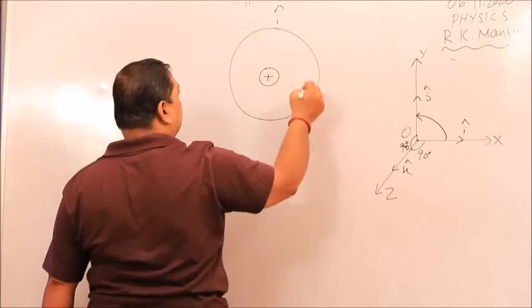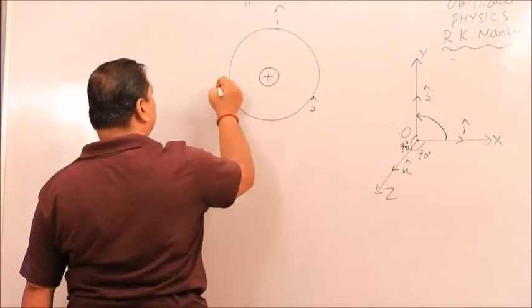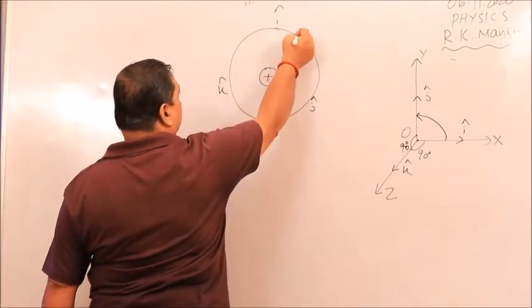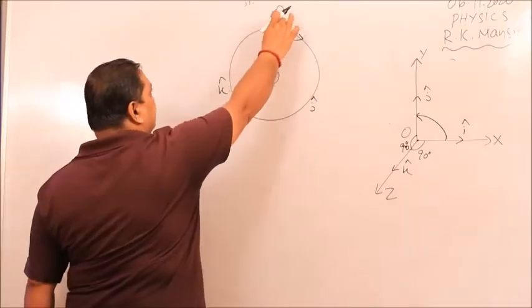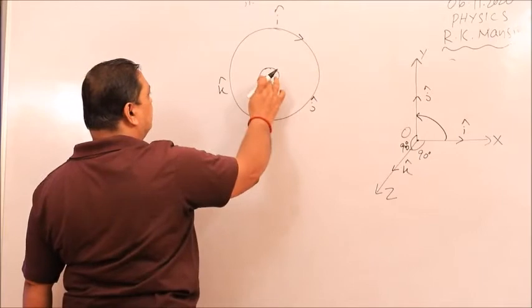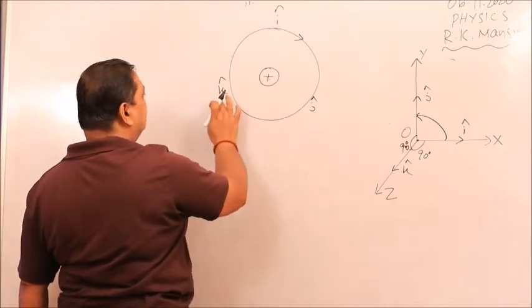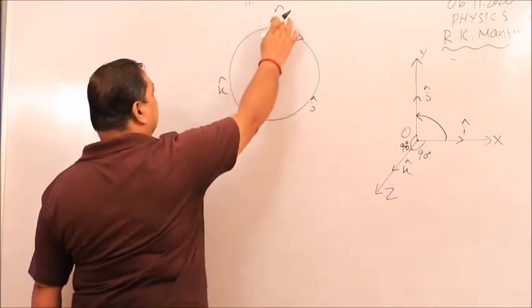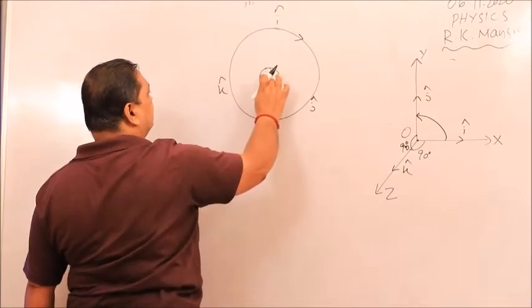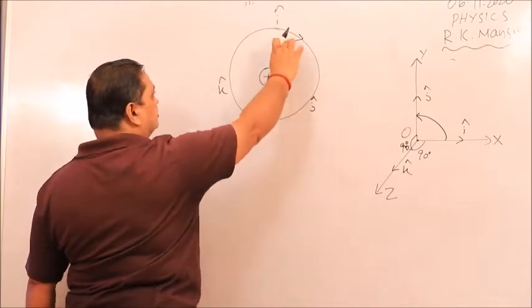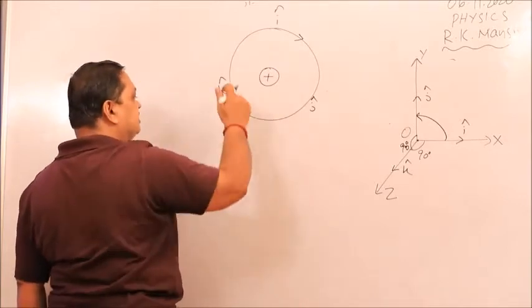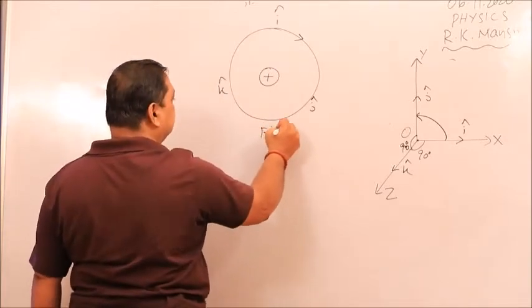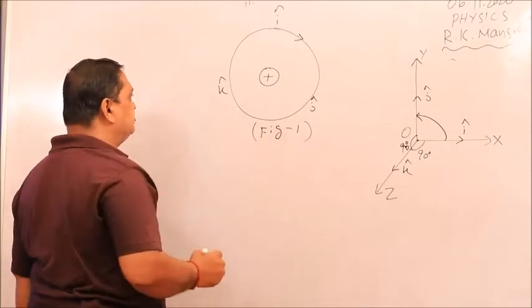Suppose i cap, j cap, k cap, and you are moving in the clockwise direction. That means i cap cross j cap, it will give plus k cap, j cap cross k cap, it will give plus i cap, k cap cross i cap, it will give plus j cap. So you have to move in clockwise direction, you cannot move in anti-clockwise direction in this figure. So this is positive, you will get the positive value.